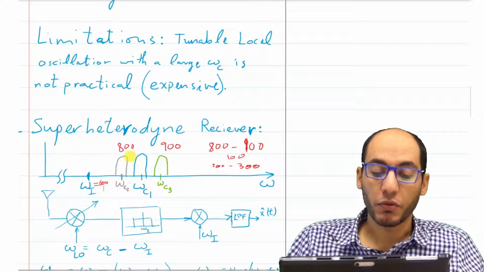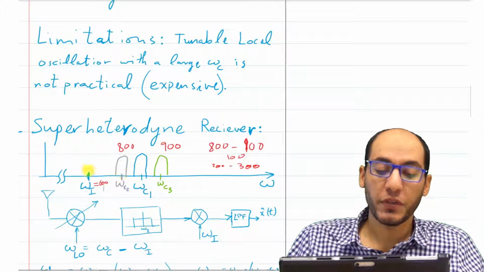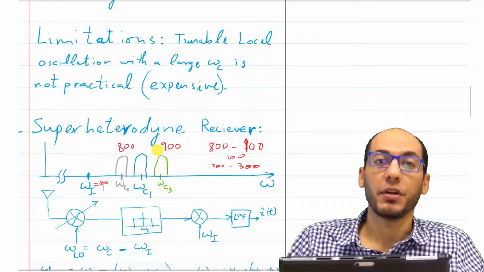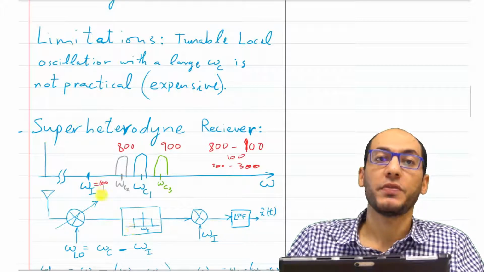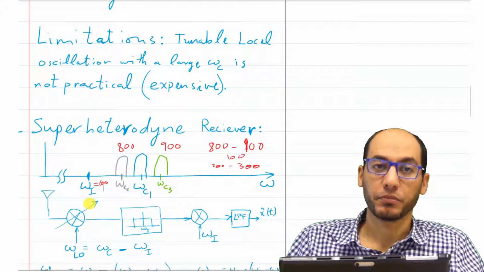So any value of the channel is going to be shifted to omega I, whether it's at 800, 900, or 850, it doesn't really matter. The very first stage of the superheterodyne shifts to omega I.